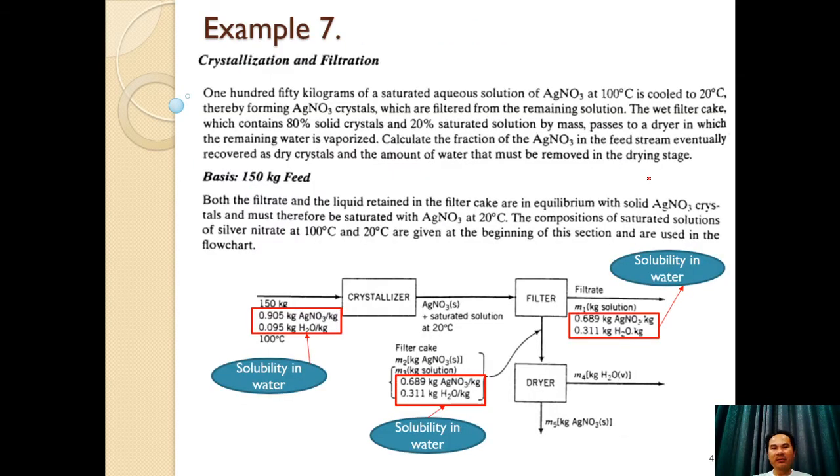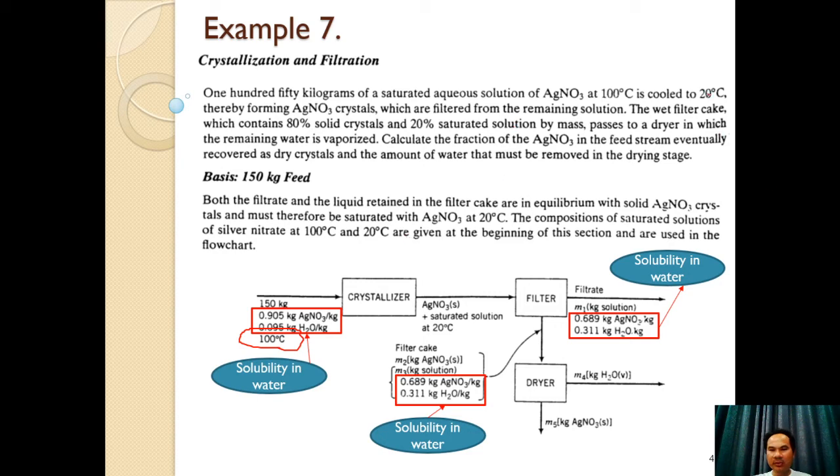For this, we will give you an example of crystallization and filtration. We have 150 kilogram of saturated solution of silver nitrate at 100 degrees Celsius. This liquid has silver nitrate dissolved in water at 100 degrees.